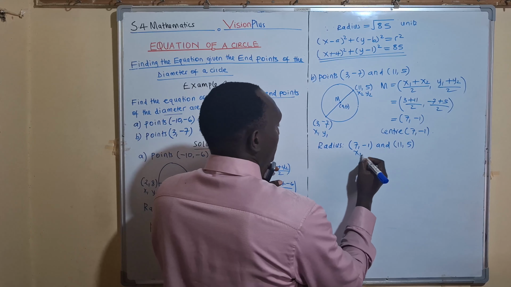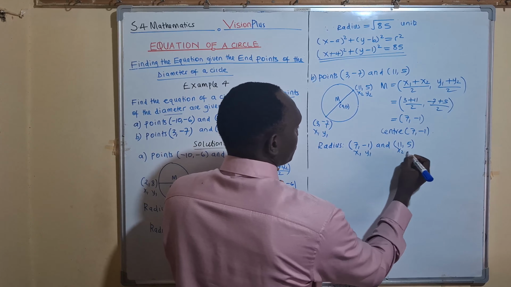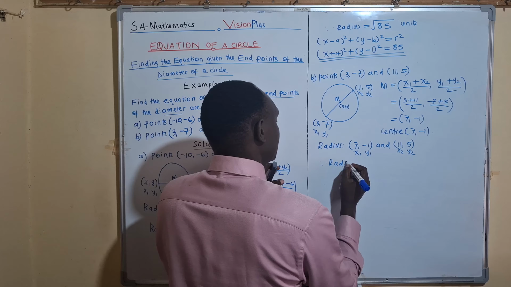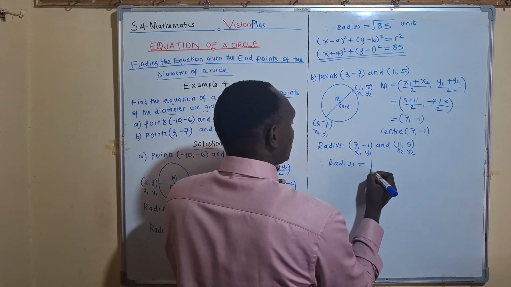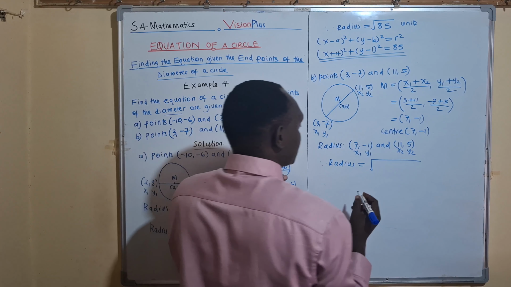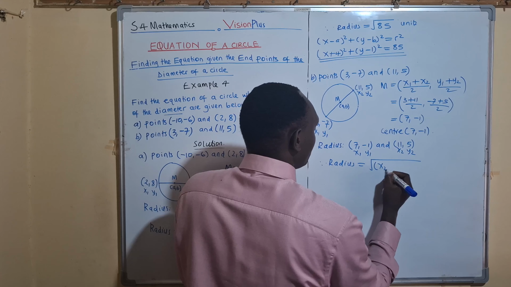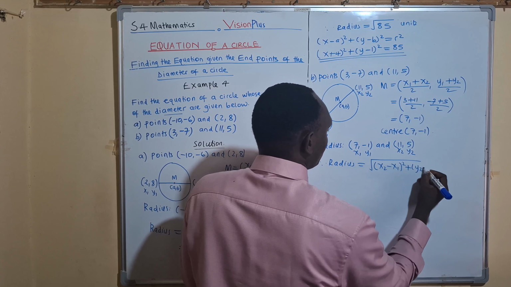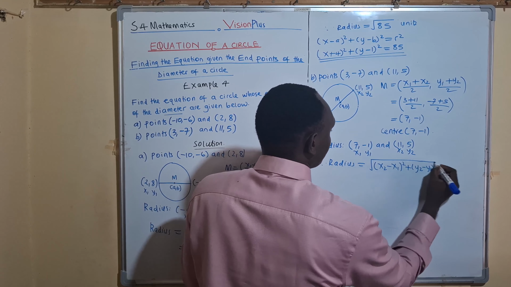So let me call this x1, y1, x2, y2. So the radius now is going to be the distance between the 2 points, that is the point of the center and the point on the circumference, which is given by the square root of (x2 minus x1) squared plus (y2 minus y1) squared.